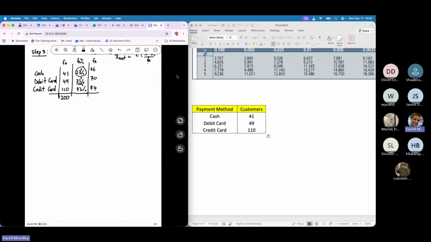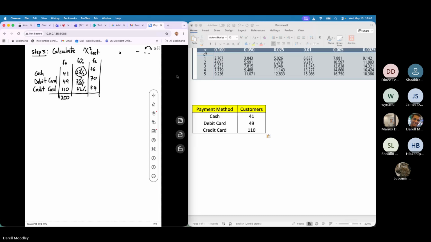All right, now the next couple of lines in this table is nothing new to you because we did this last week. Remember, we need to, let me just make some space here. I need to create a column that gets the numerator for this formula. So I'm going to create a column here that's F naught minus FE all squared.